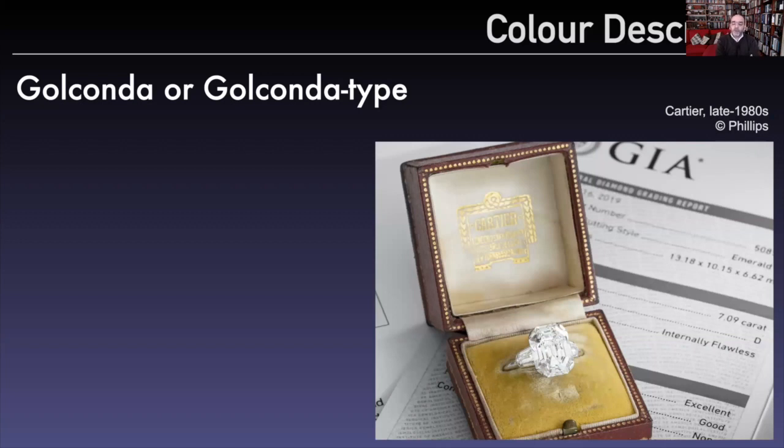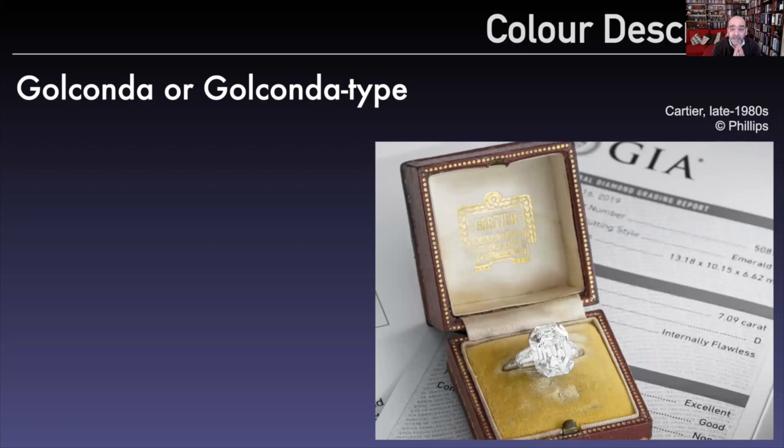This is a really nice late 1980s ring by Cartier that was sold as a Golconda diamond, because Golconda was associated with a certain type of quality.